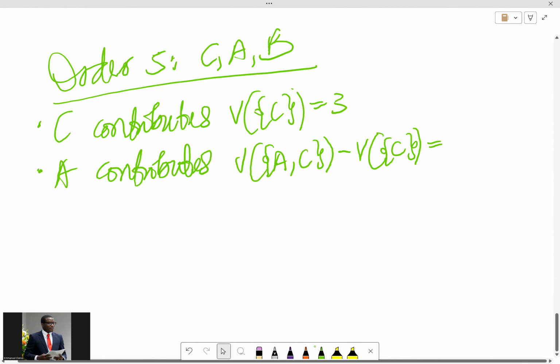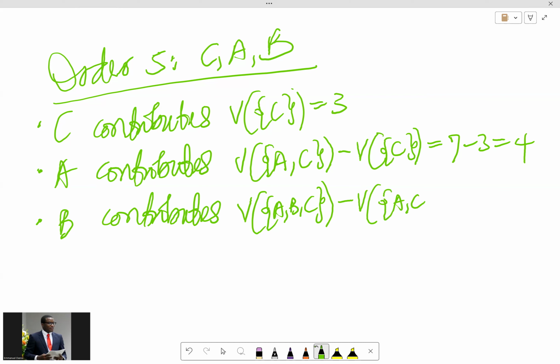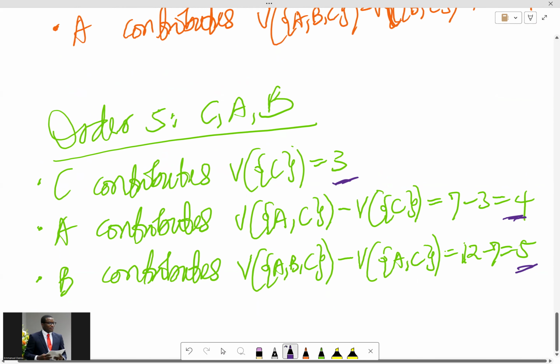So that's 7 minus 3, and that is 4. Then what does B contribute? B contributes the value of the grand coalition ABC, which is 12, minus the value of the coalition between A and C that were already there. So that'll be 12 minus 7, and that is 5. So again, we have 3, 4, 5.